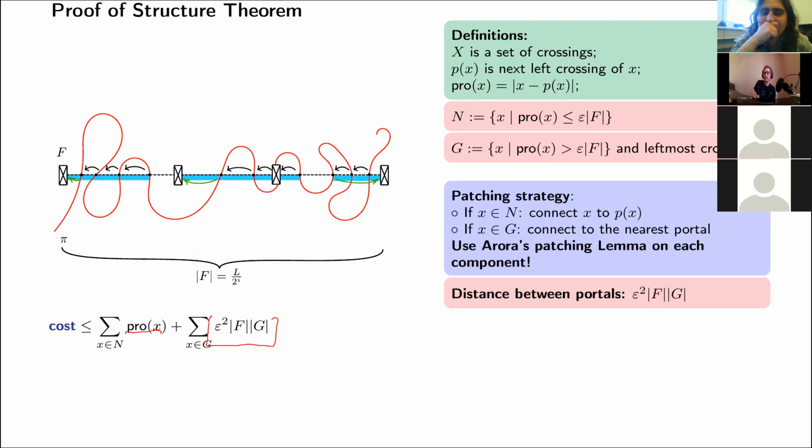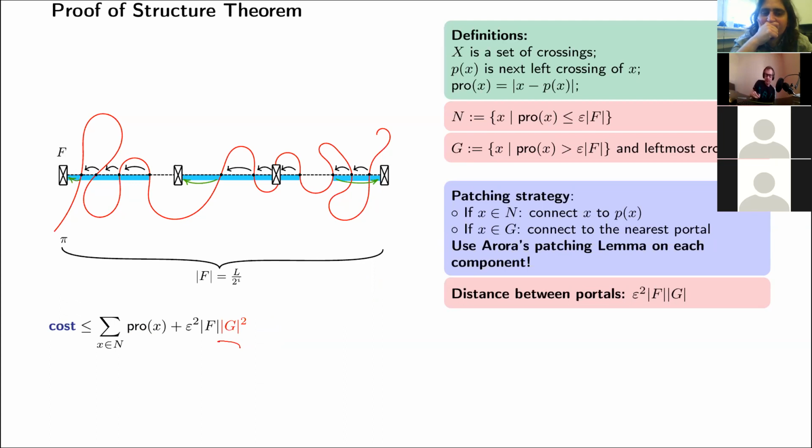And so we have selected this G to be 1 over epsilon squared K, and the length of this tour is F. So the distance between portals is this term. What's nice now is that this doesn't depend on G, it's just the distance between portals. So we can basically get rid of this summation of x's, and we get this G squared here.